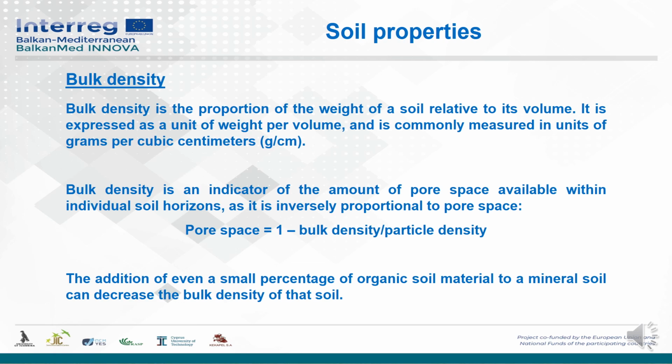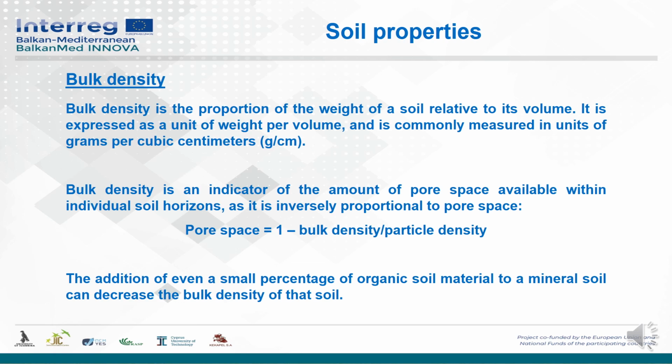Bulk density, in fact, is very linked to the structure that we spoke about before and to the pores. So, when the bulk density is high, this means that we have less pore volume, and on the contrary, when the bulk density is lower, we have a bigger volume of pore spaces.